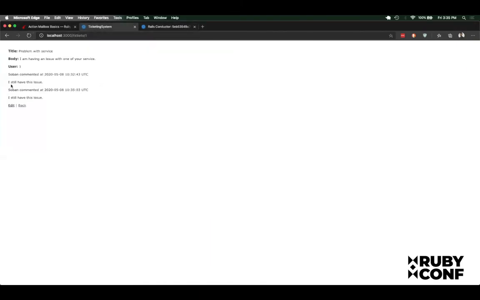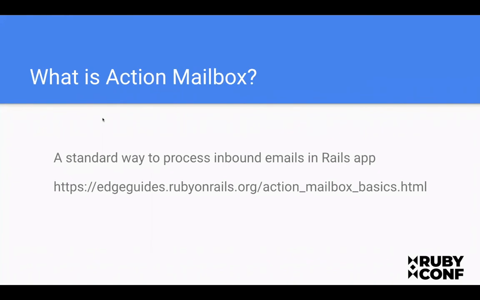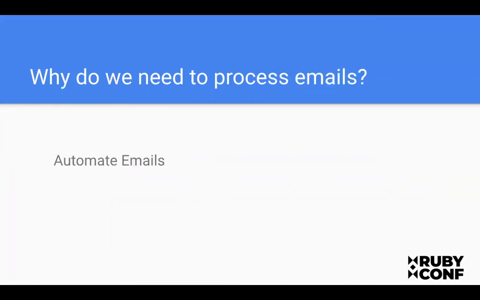Yeah, so that's all for this session. So let's see what we have learned. First we learned what Rails Action Mailbox is and what its purpose is. Its main purpose is that we can receive emails into our system, and after that we can process these emails and perform operations against those emails as well.